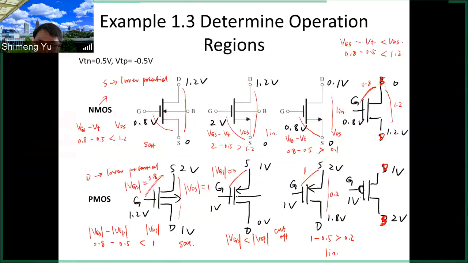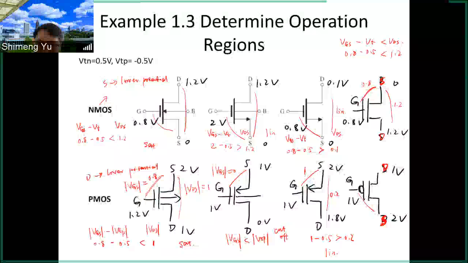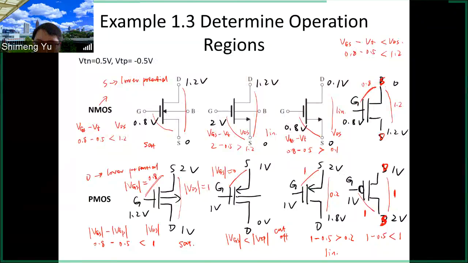And then VGS, the difference, 2 minus 1, is 1. VDS, 2 minus 1, is 1. So 1 minus 0.5 for the VTP absolute value is less than 1. So this is saturation.